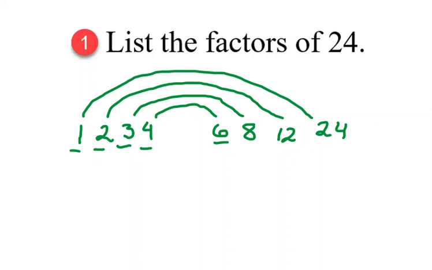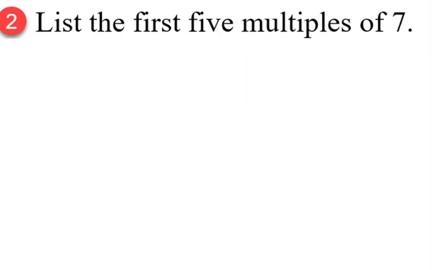Okay, now a lot of people, including a lot of adults, get factors and multiples mixed up, okay? Now, last time we looked at factors, now we're looking at multiples, okay? Multiples are just skip counting, okay? So if we're going to find the multiples of 7, well, we multiply in order by 1s, 2s, 3s, 4s, and so on.